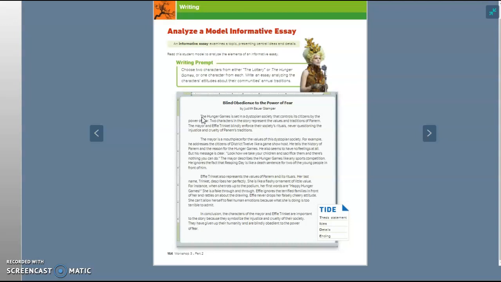All right, ladies and gentlemen, you guys can go from there. And you need to start thinking about 2 characters that you're going to use, either from The Lottery or from The Hunger Games, or one of each. We'll stop right there. Work hard, get page 164 and 165 turned in. There will be a spot for you to turn those in.